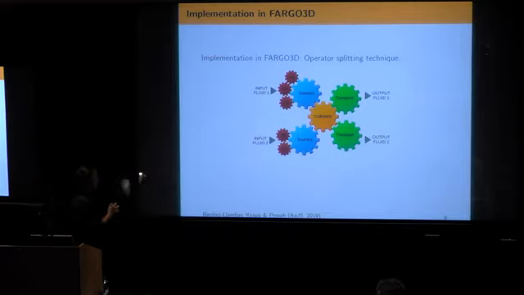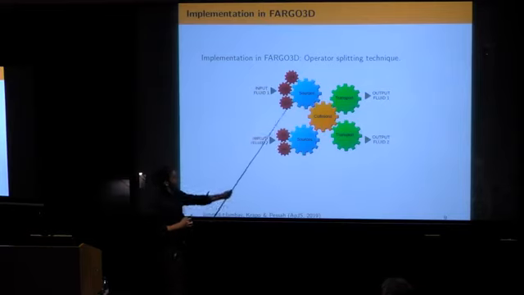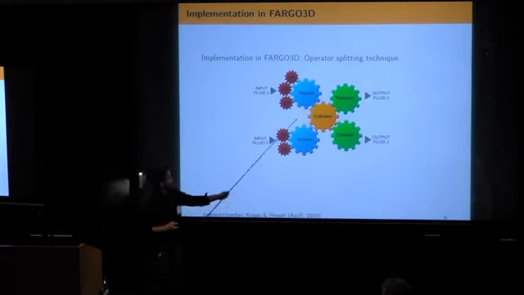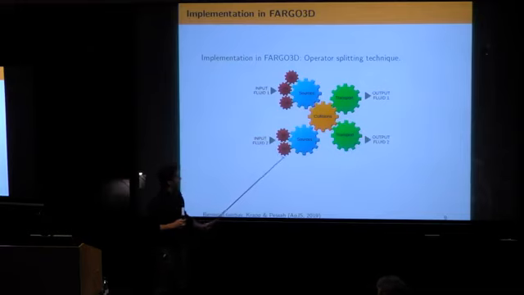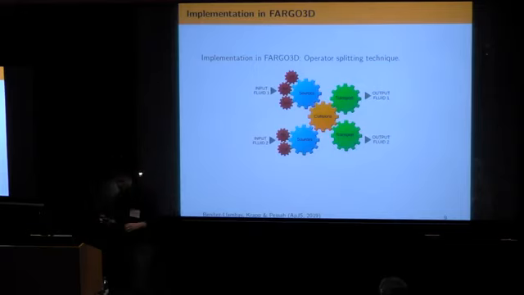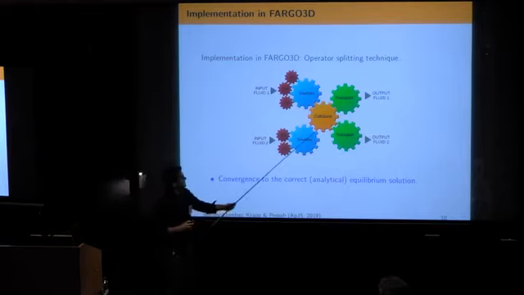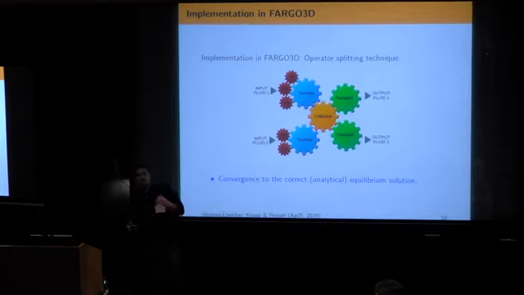The important thing about this is the right fashion to do this, because when you organize the splitting in this way, you can prove on paper and pen that this returns the right equilibrium solution of the problem, the correct analytical equilibrium. And it is independent of whether you solve the collision using an implicit scheme or using an analytical method.